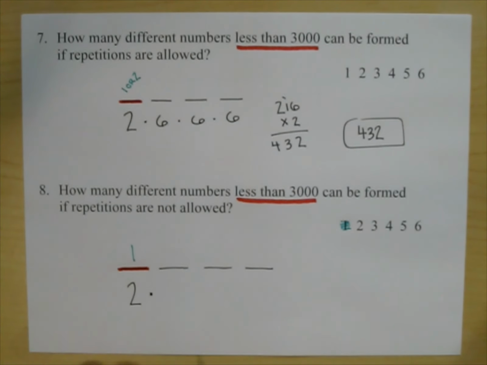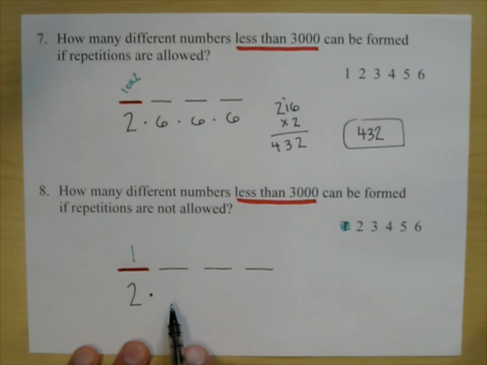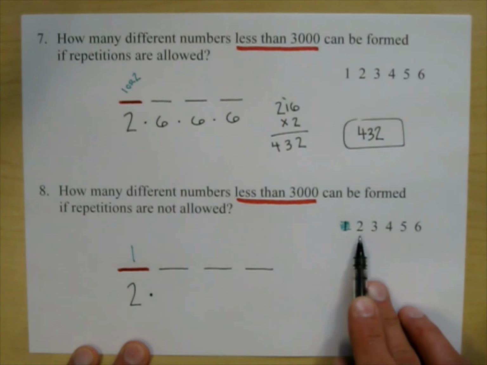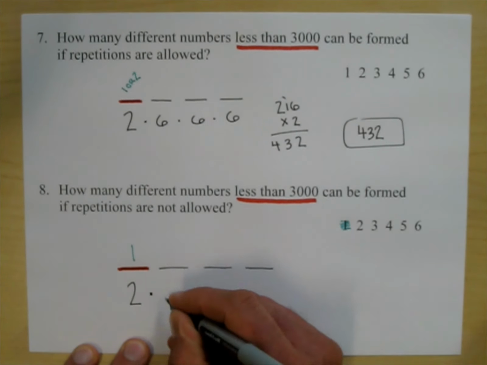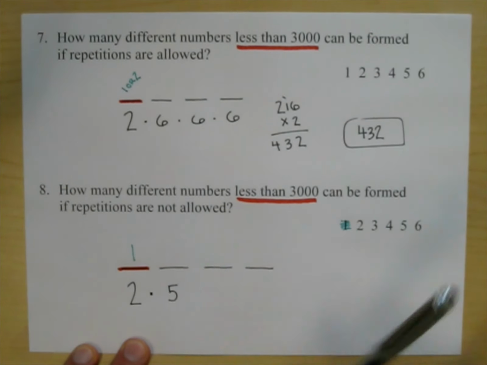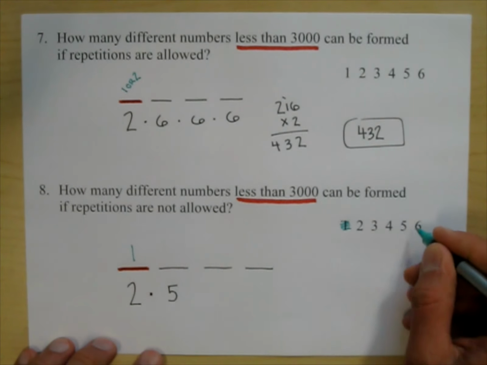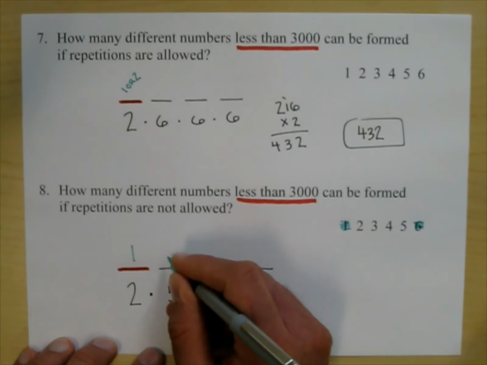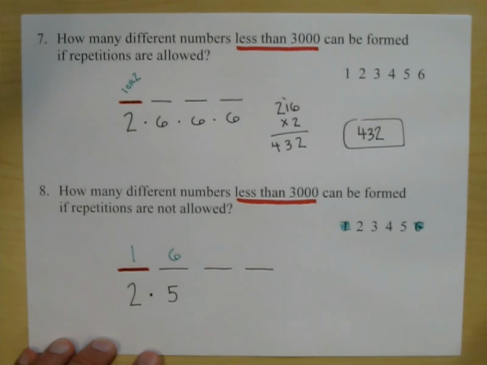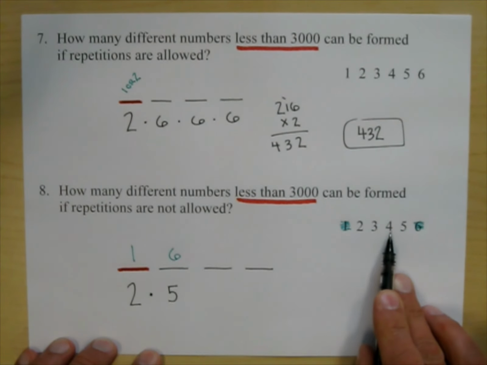Okay, repetitions are not allowed. So now I have to figure out how many choices I have for the second slot. Well, 1, 2, 3, 4, 5. I have 5 choices. So I'll put 6 here. And now how many choices do I have for this third slot? 1, 2, 3, 4.